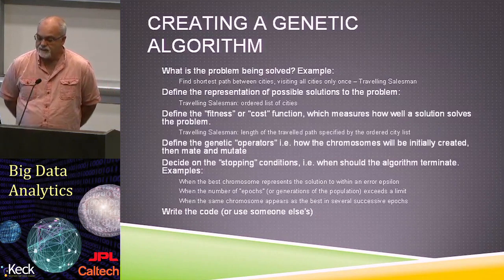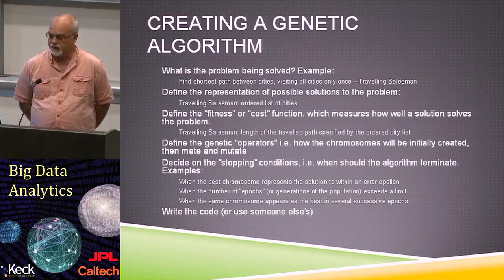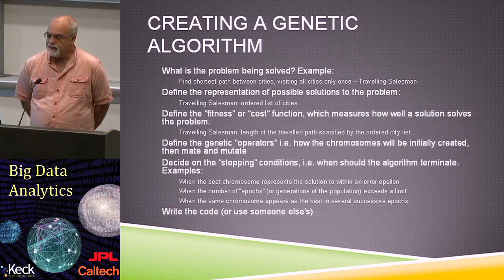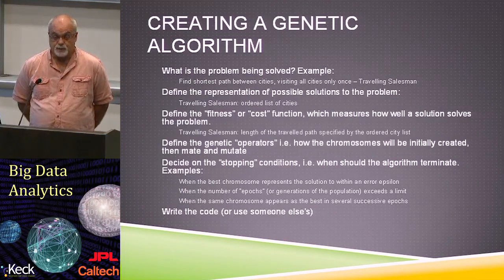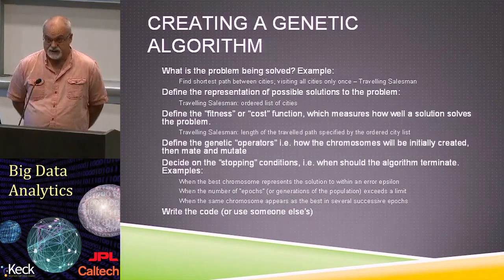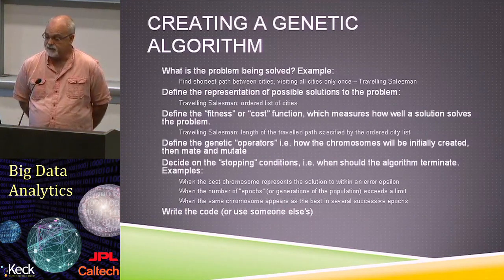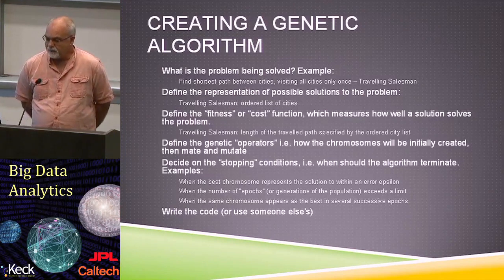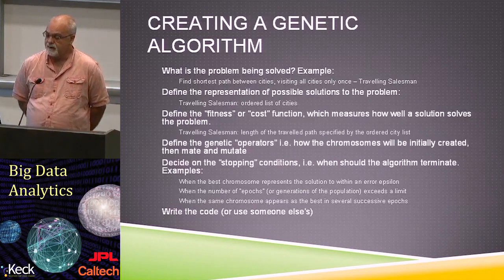Then we need to define the fitness or the cost function. That is how the chromosomes which we create will evaluate each of their respective solutions. So in the case of a travelling salesman, we just look at the total length that's specified by the path in the chromosome, by the ordered city list.